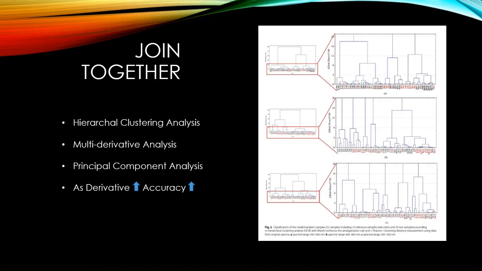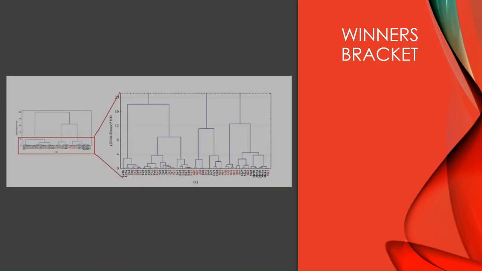These derivatives of the loading profiles from the PCA Varimax highlighted differences between close regions of the spectra, narrowing the spectral domains, and following the Varimax and PCA, DA was used, considering only eigenvalues greater than 1, with each derivative containing an increasing number of principal components. Each derivative, as a result, demonstrated an increased accuracy in differentiating between medicinal plants via the UV spectra. So there were a lot of terms in that.